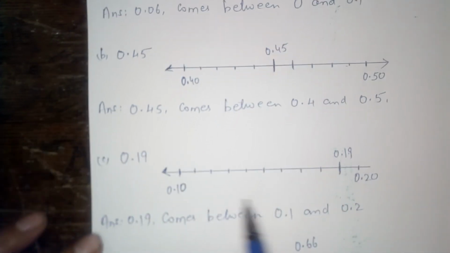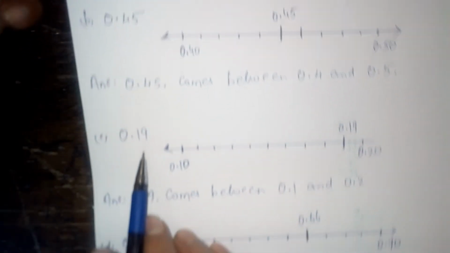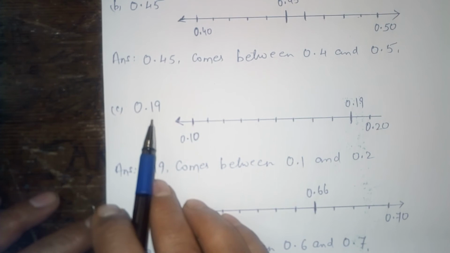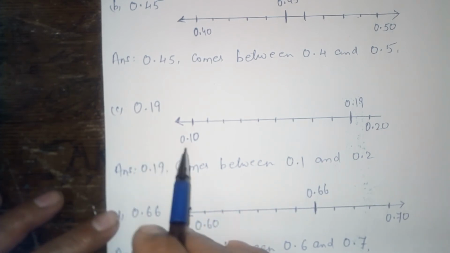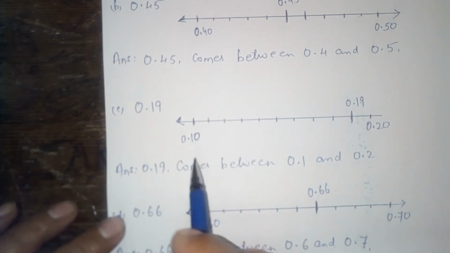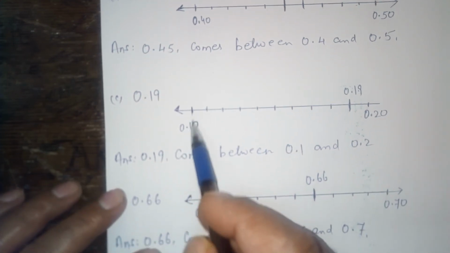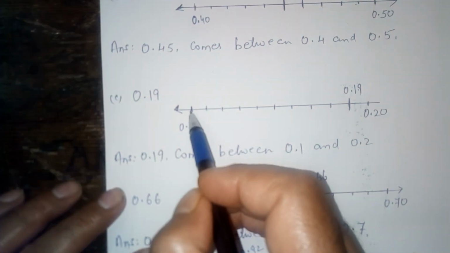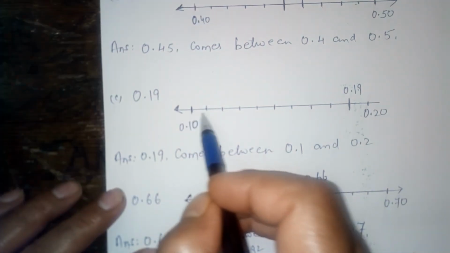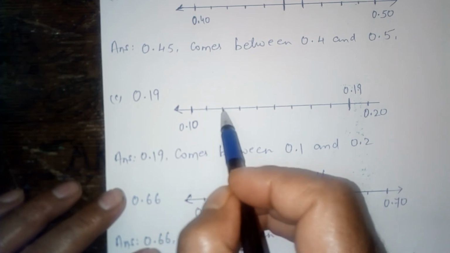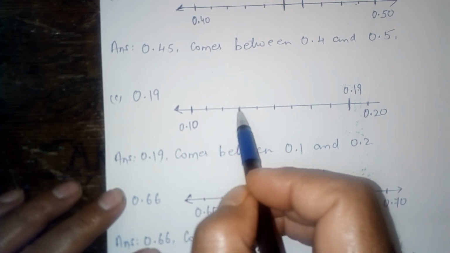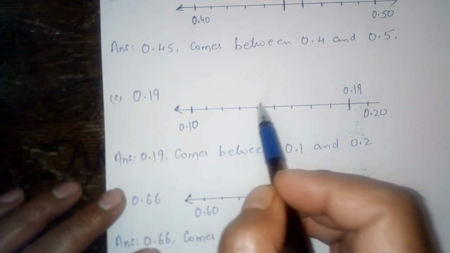Again question number C, 0.19. 0.19 comes between which two decimal numbers? How? Look here. This mark belongs to 0.10. This is 0.10, 0.11, 0.12, 0.13, 0.14.